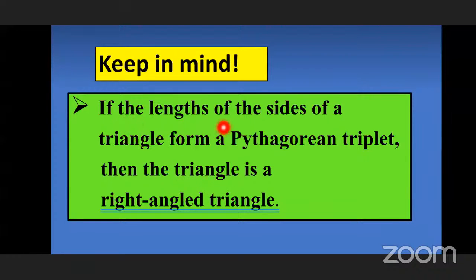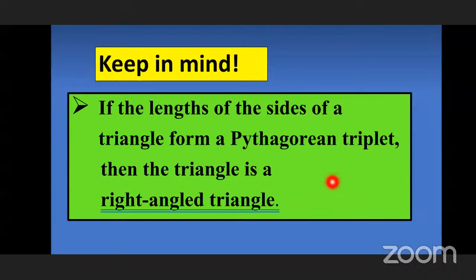If the lengths of the sides of a triangle form a Pythagorean triplet, then the triangle is a right angled triangle. Because it is proving the formula of hypotenuse square equals base square plus height square.